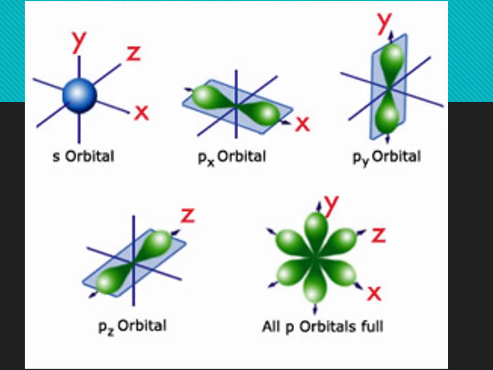So, in the s orbital, you can hold 2 electrons. That's why it's always hydrogen and helium, and all the alkali and alkaline earth metals are always S. And then the P can hold 2 electrons for the x, the y, and the z. That's 2, 4, 6. That's why it's 6 electrons in total for the P subshell.